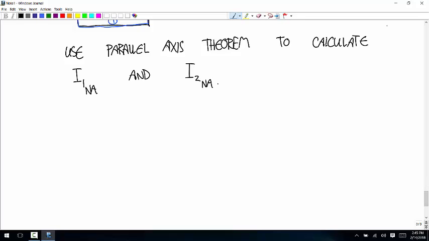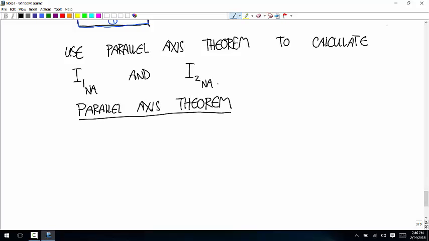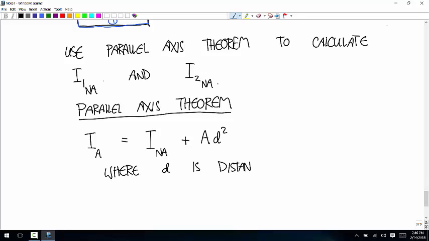And the way it works is, the parallel axis theorem says for any shape, the area moment of inertia about some axis A, that can be whatever axis you want to calculate it for, is equal to the area moment of inertia about the shape's neutral axis plus A d squared, where d is the distance from what to what, do you think?